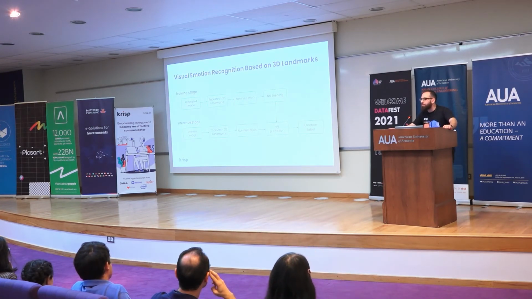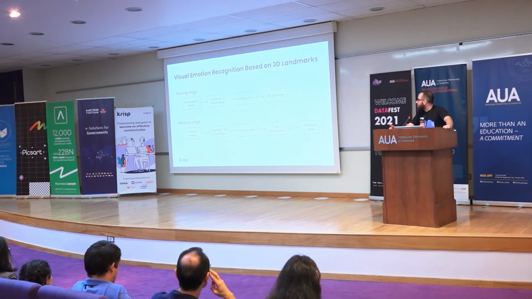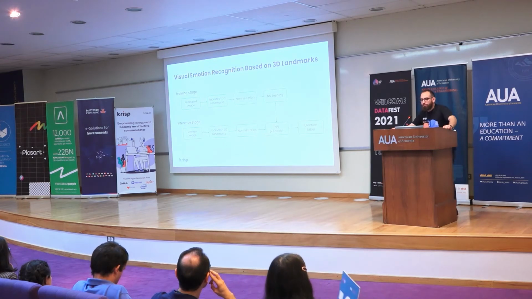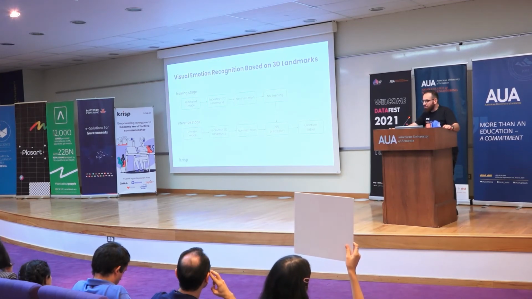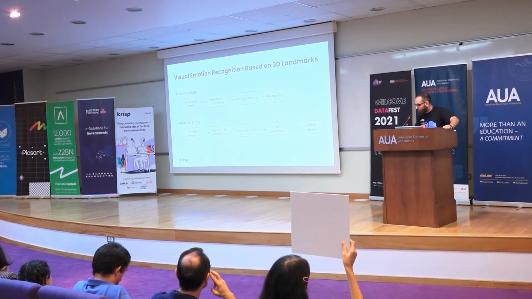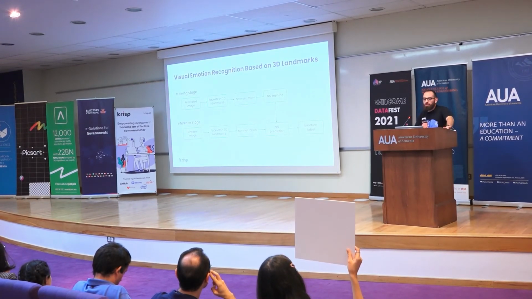I'd say it's hard to find decent data sets, and even when you find them, there is a class imbalance problem, which can be fixed by introducing weighted losses. But I mean, the data is really a problem in emotion recognition also, because it is somewhat subjective.